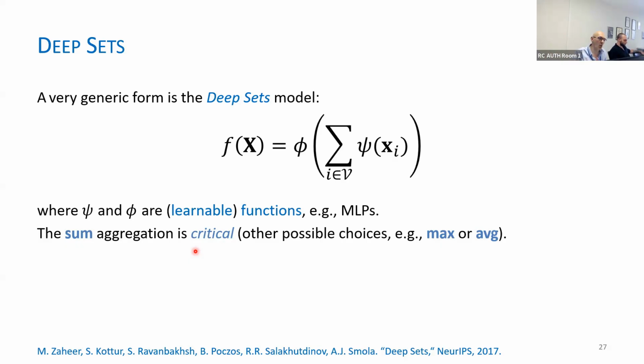Basically, all the solutions that work with point clouds try to model in a different way the functions phi and rho, which can be learned, for example, with a multi-layer perceptron. Here you can also see an aggregation based on a summation. This is something we can relax, in the sense that not all solutions use a summation; more in general, we can use, for example, a maximum or an average.